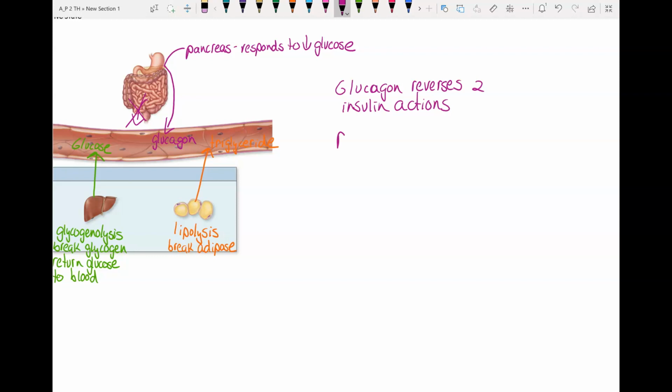Glucagon, let's make a heading here. We'll list the things glucagon does not do and why it doesn't do them. It does not return glucose from the muscles. That's because the muscles will use that glucose.